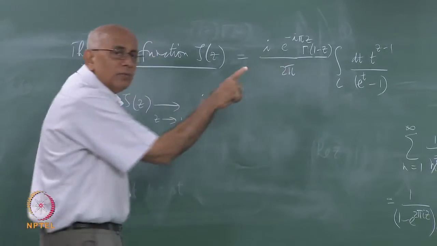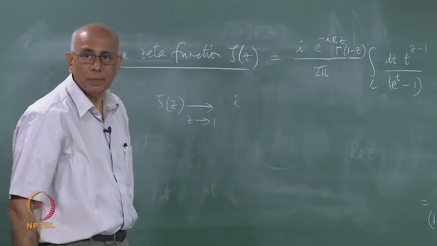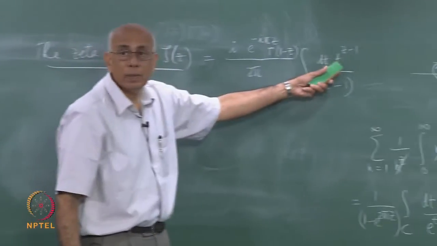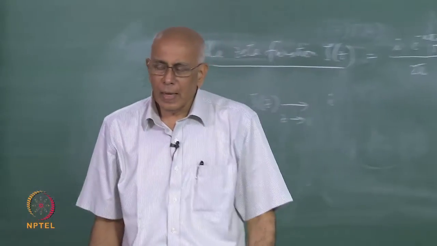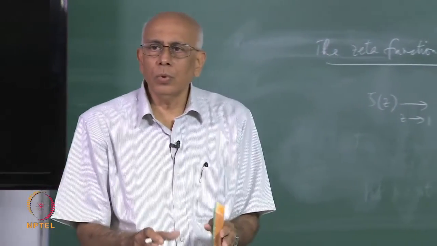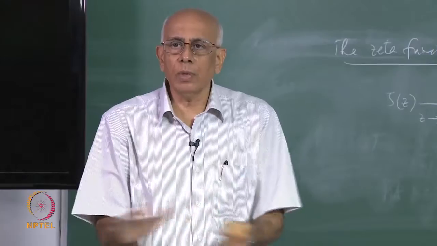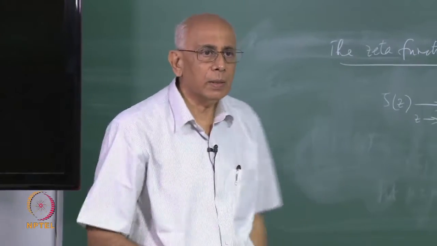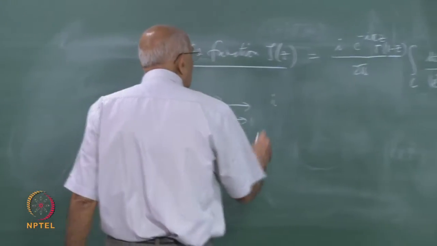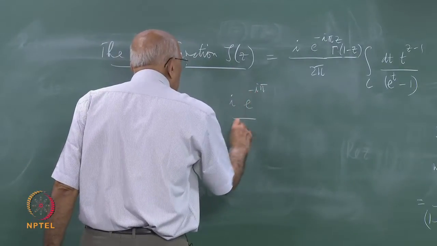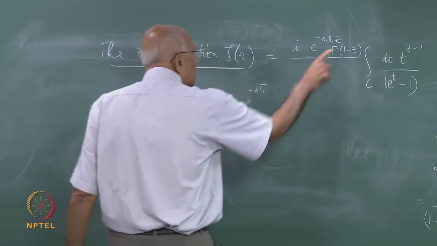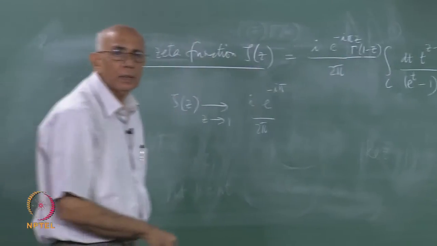In all harmless factors you could put z equal to 1, including this factor, but you have got to keep this. Now what does gamma of w do near w equal to 0? It goes like 1 over w, residue being 1. So this thing goes like i e to the minus i pi over 2 pi, and then this is 1 over 1 minus z.